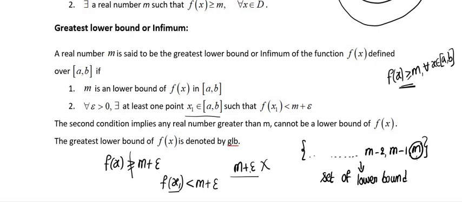One concept you can remember: whenever m is greatest lower bound, the numbers greater than m are not lower bounds. So once again, the second condition implies any real number greater than m cannot be a lower bound of f of x. The greatest lower bound of f of x is denoted by GLB.